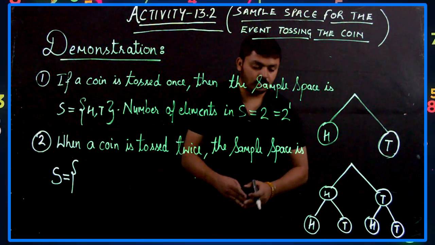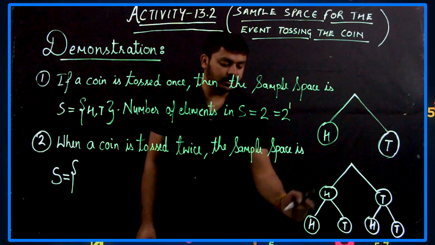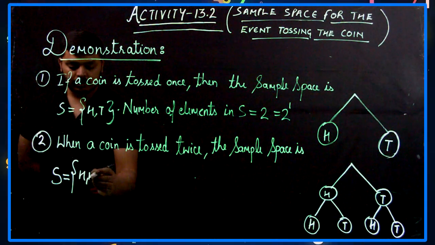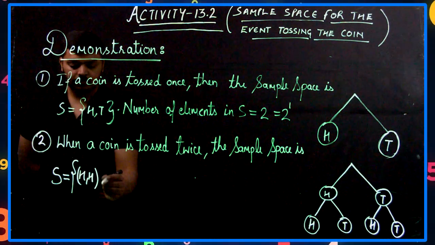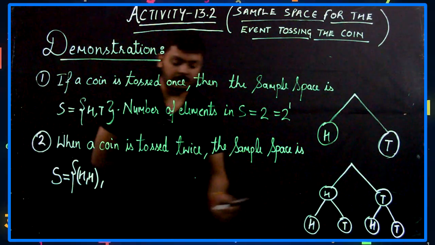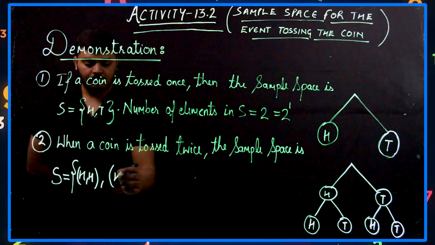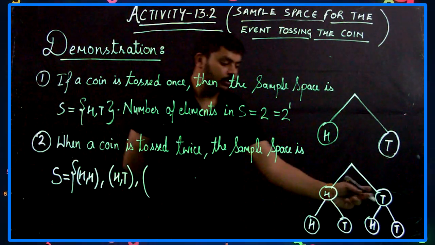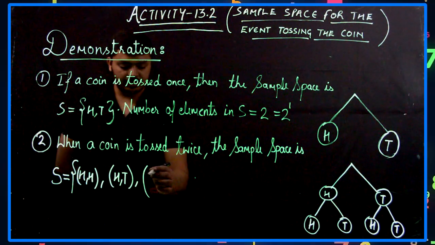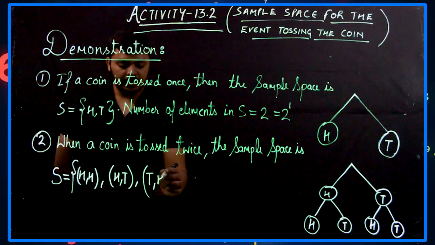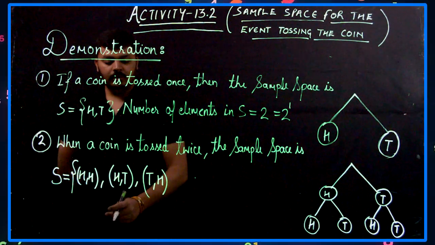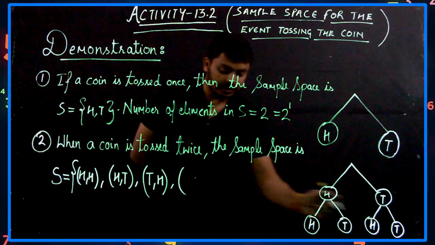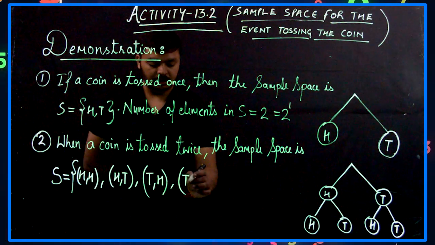The outcomes are HH, that is heads, HT, TH, that is one time tail and one time head, and the last, tails both the times, TT.